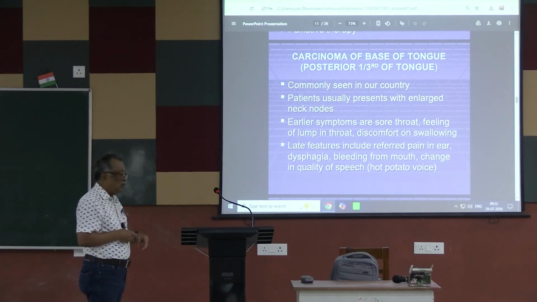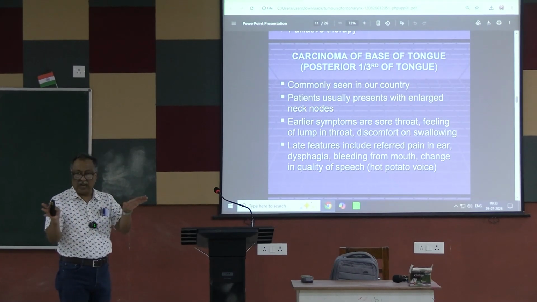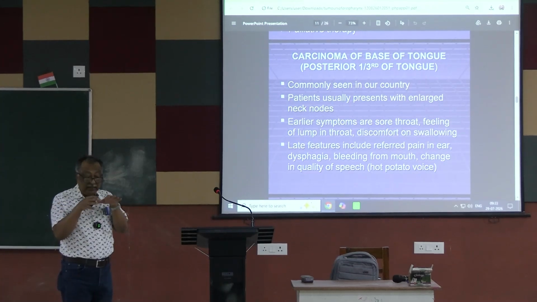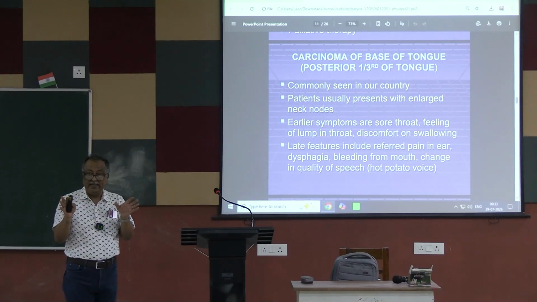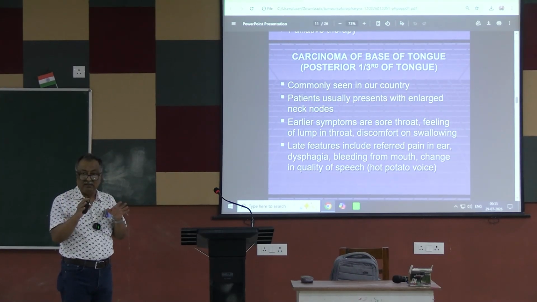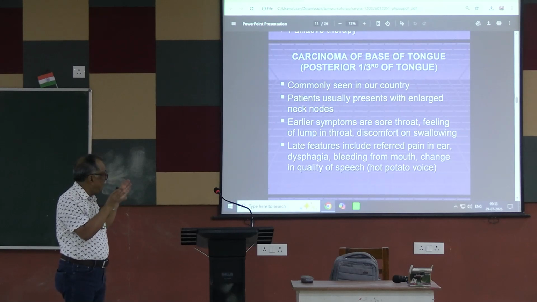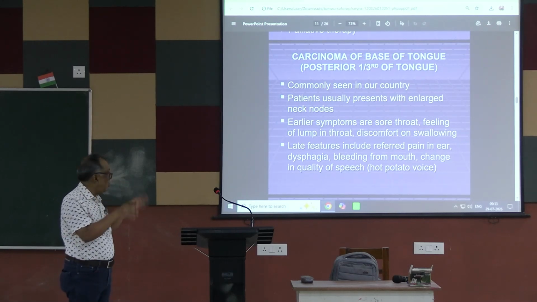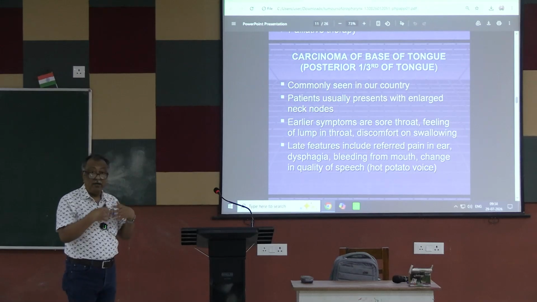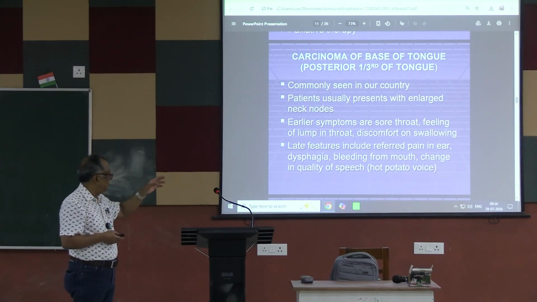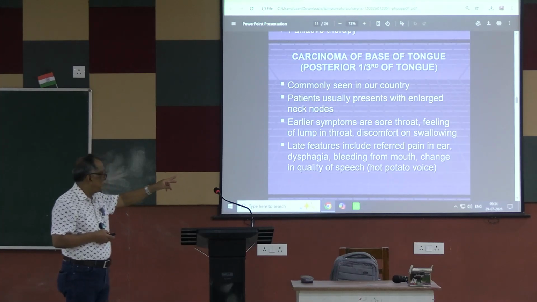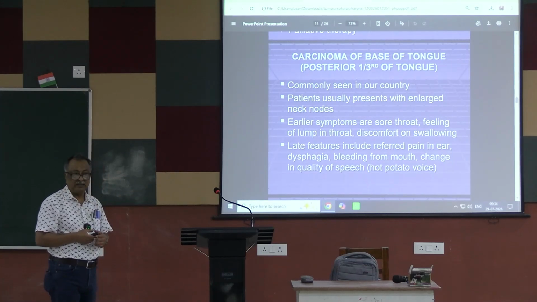Late features appear when it involves structures outside the base of the tongue, the extrinsic and intrinsic muscles of the tongue, the palate, the pillar, and the pterygoid muscles and pterygoid plate. Then the features come: referred pain, dysphagia, bleeding from the mouth, and change in quality of the speech, known as the hot potato voice.